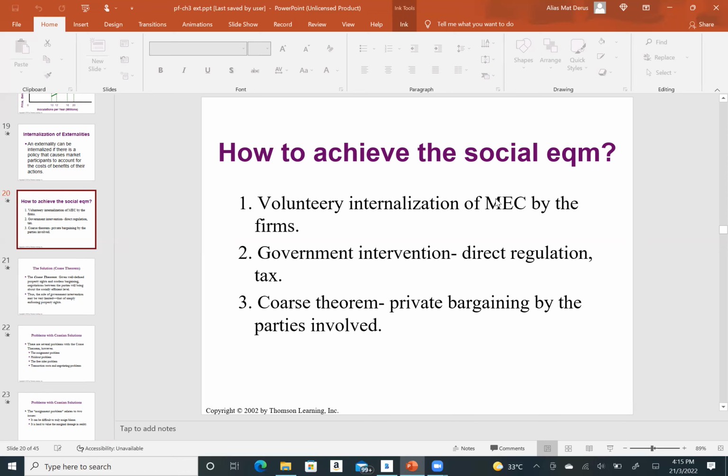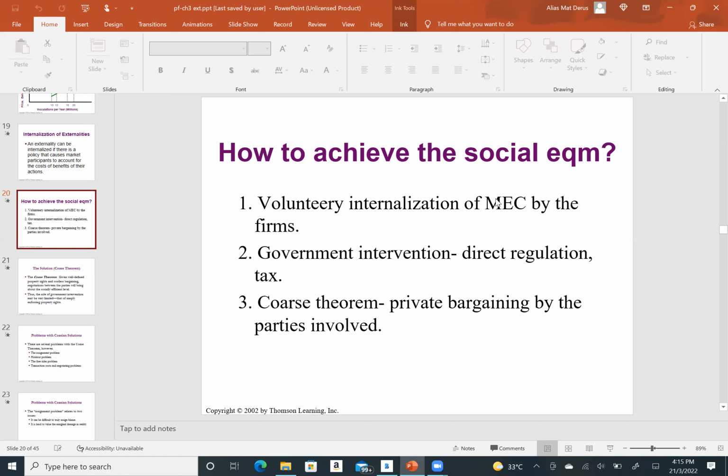Number two. I'll look at number three first. Number two is the private bargaining. So private bargaining meaning what? Meaning the relevant parties involved in the externality will do their own bargaining.